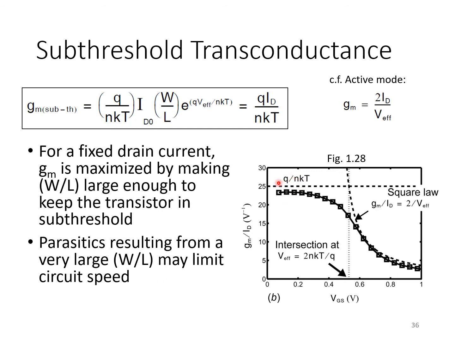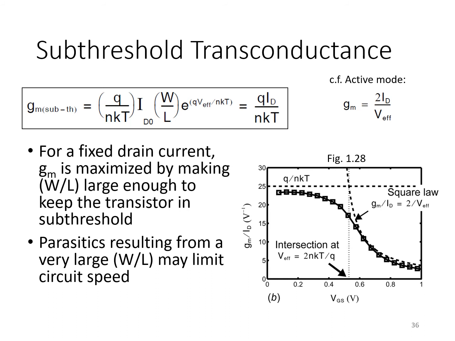So again, the lesson here from this plot is that if you are limited to a fixed bias current, and you might be limited to a fixed bias current because you don't want to consume more power, then really the most transconductance you can get from a MOSFET, and probably the most gain, will be obtained by making V effective small, approaching zero.